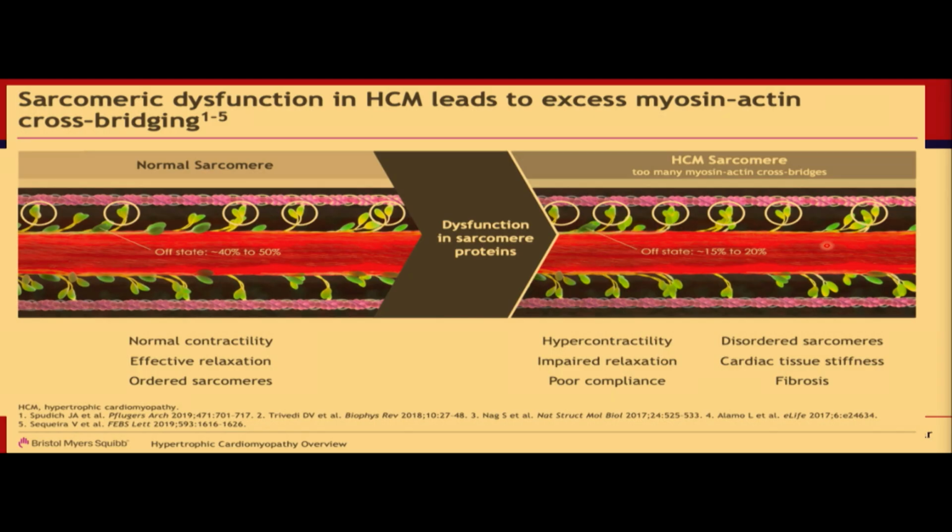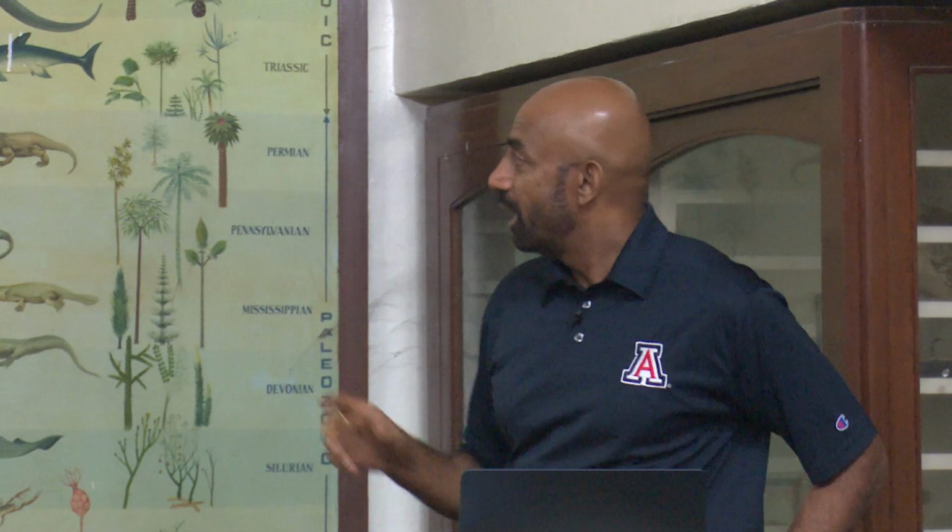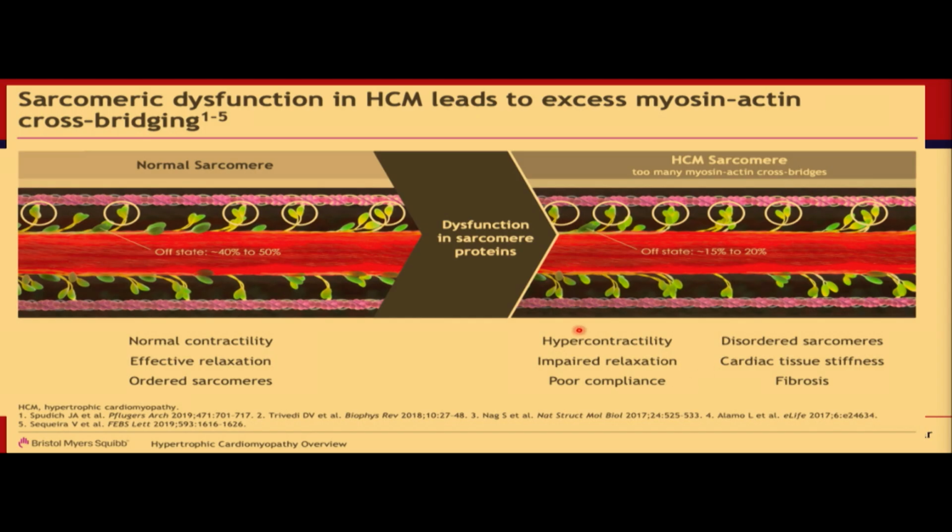That is called hypercontraction. So the more attachment, we generate more force. Again, hypercontraction because of more actomyosin interactions, and then impaired relaxation because the cardiac tissue has very strong stiffness, and then we develop fibrosis. So this is all part of the hypertrophic cardiomyopathy disease process.